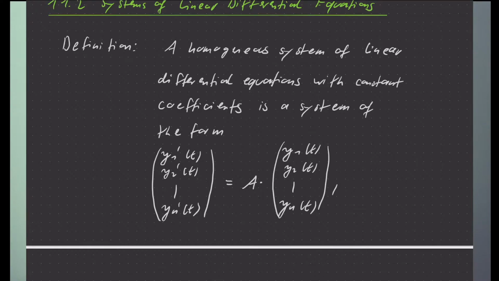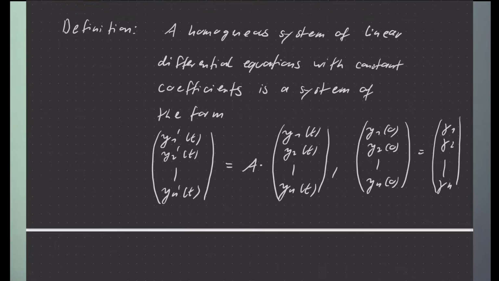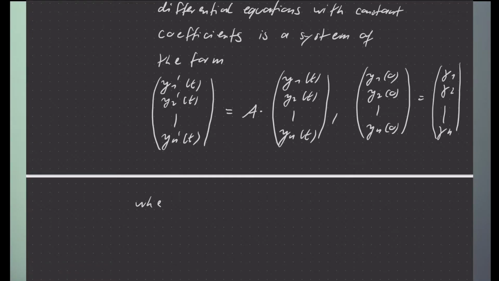Plus we have initial values, so usually we have values for the point 0, so y1 of 0, y2 of 0, and so on up to yn of 0 equals some given constants, gamma 1, gamma 2, up to gamma n, where A is a matrix in R n times n, and the vector gamma 1 to gamma n is also a vector of reals.